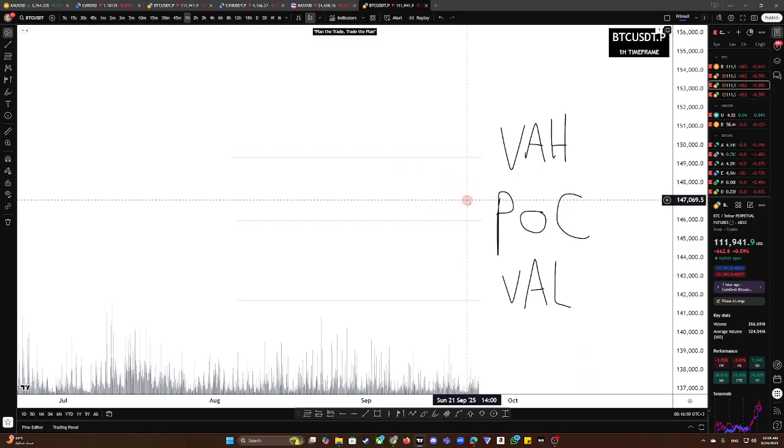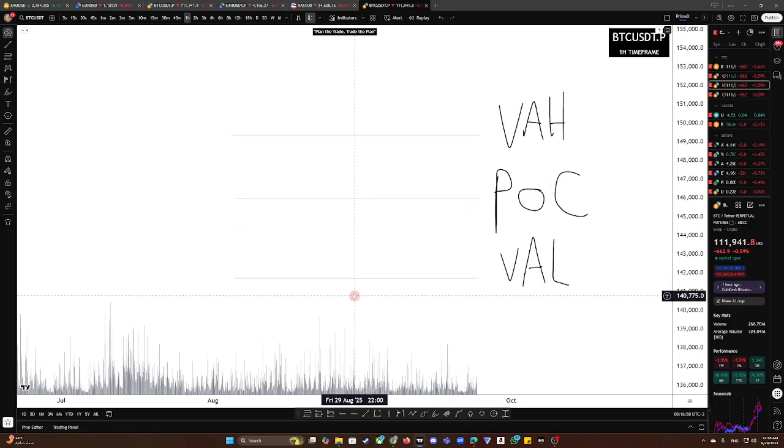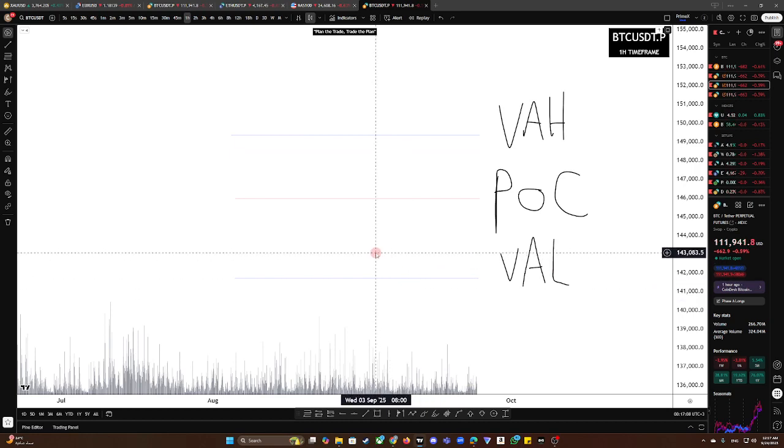But this is not the important part. The important part is understanding how they work. So all 3 work in the same way. It is very similar to support and resistance, because the value area low acts as a support when you are above it. So let's just imagine that price is ranging here.